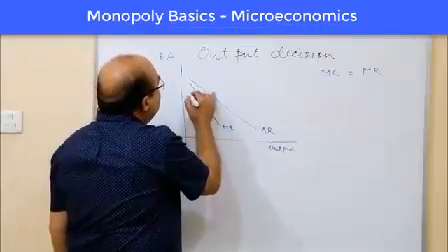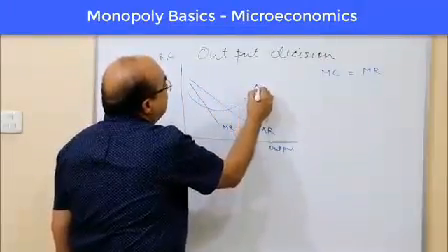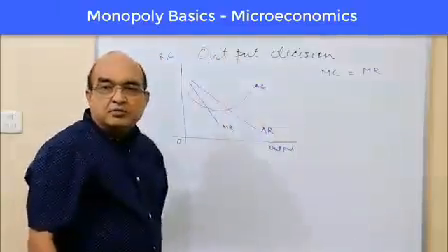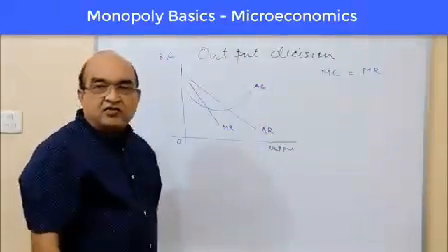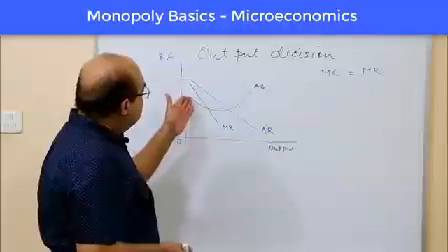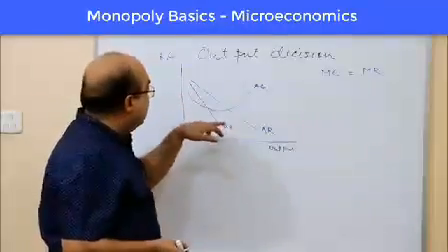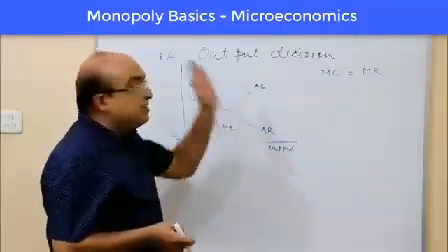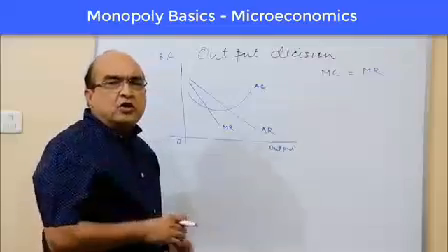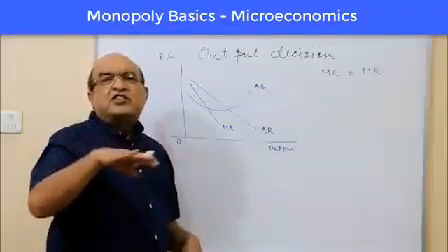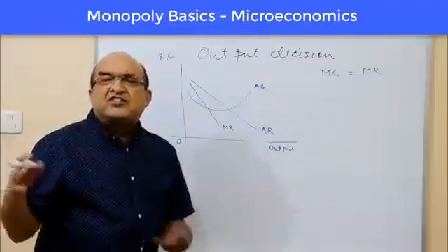Now, the average cost curve of a monopoly is supposed to be this kind of curve, which initially declines, then reaching a certain minimum, it starts rising. That is true for all kinds, unless you consider the constant cost industry in the long run.